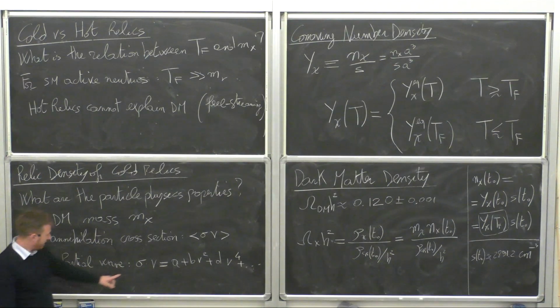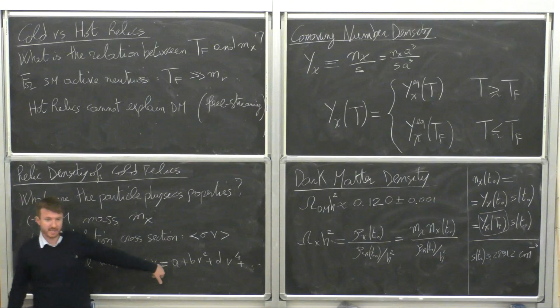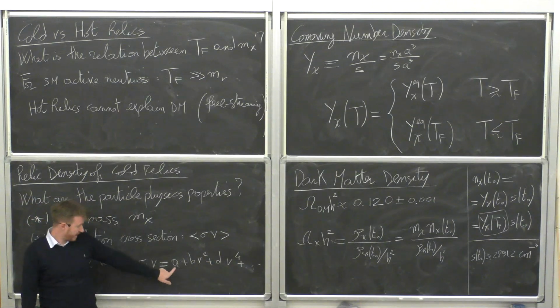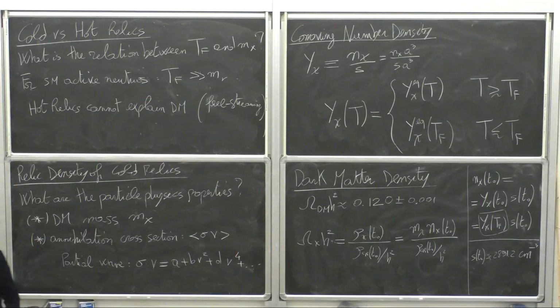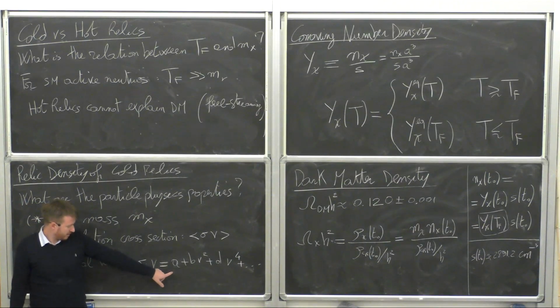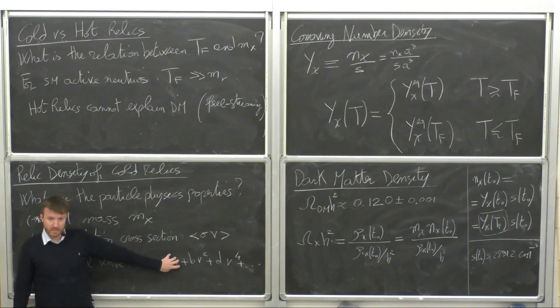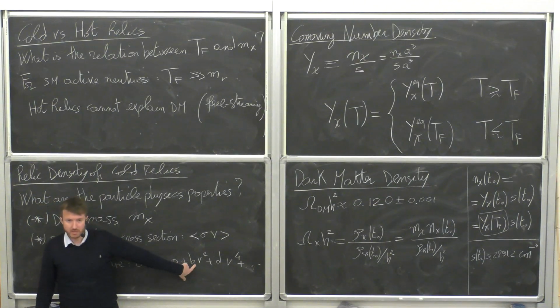You can take the combination sigma v and expand in partial waves: the S wave, P, D, F waves. This is non-relativistic scattering in quantum mechanics. To get an order of magnitude, it is enough to keep the first piece. It is often the S-wave contribution, though not always; sometimes in specific frameworks it is different. This is usually present.